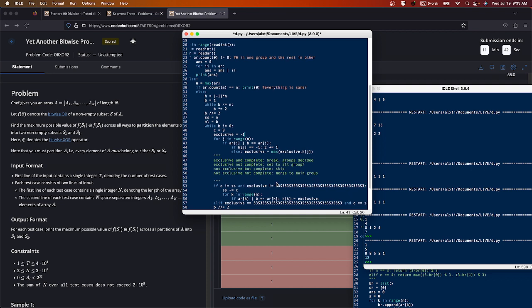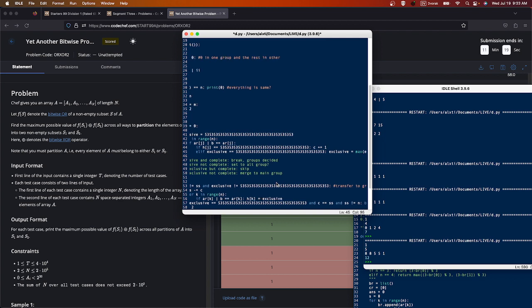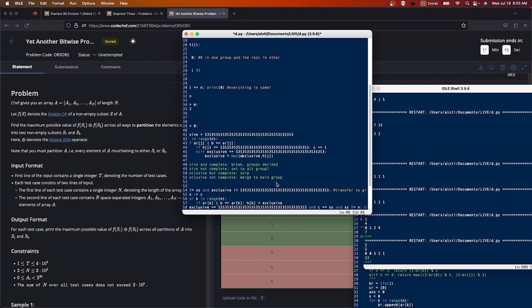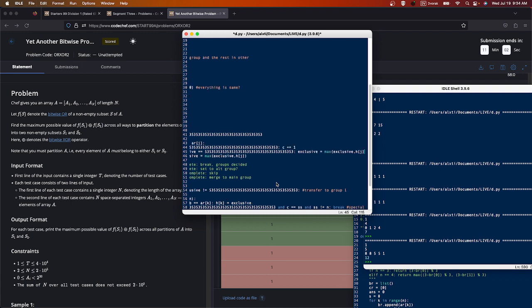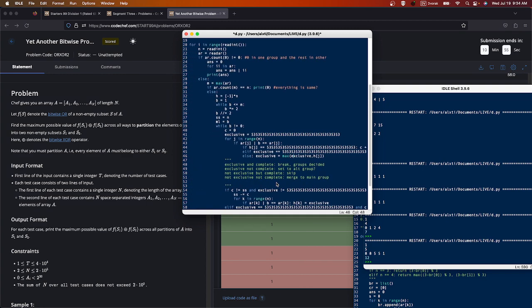So in that way we... In this case we have to set it to HJ. This way we don't.